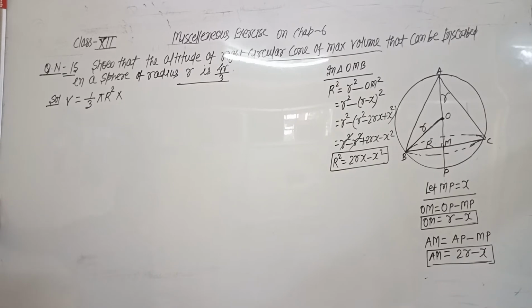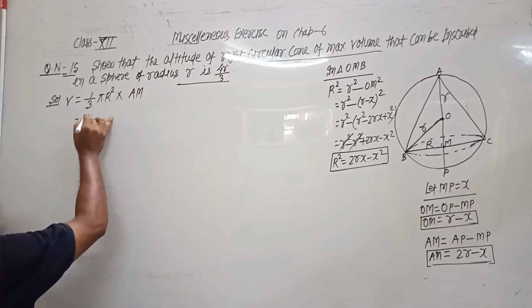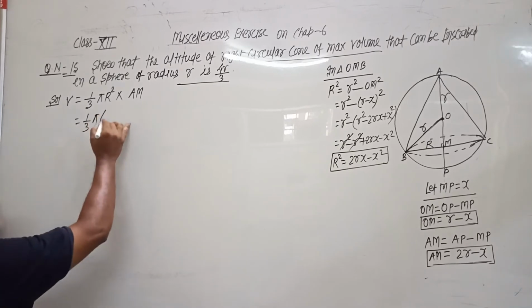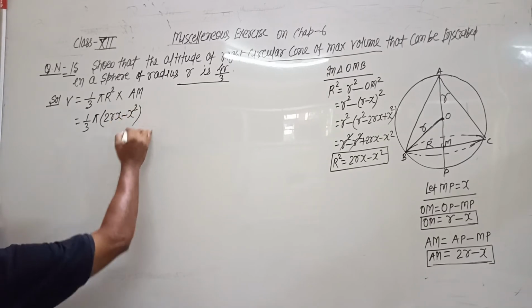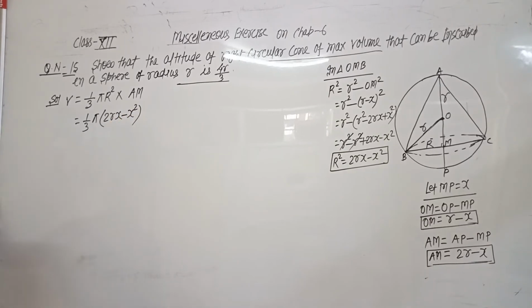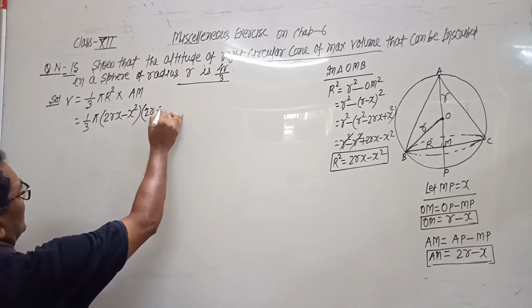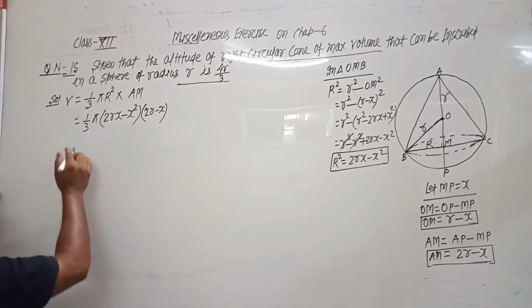The height of the cone is AM, which is 2r minus x, and R square is 2rx minus x square.